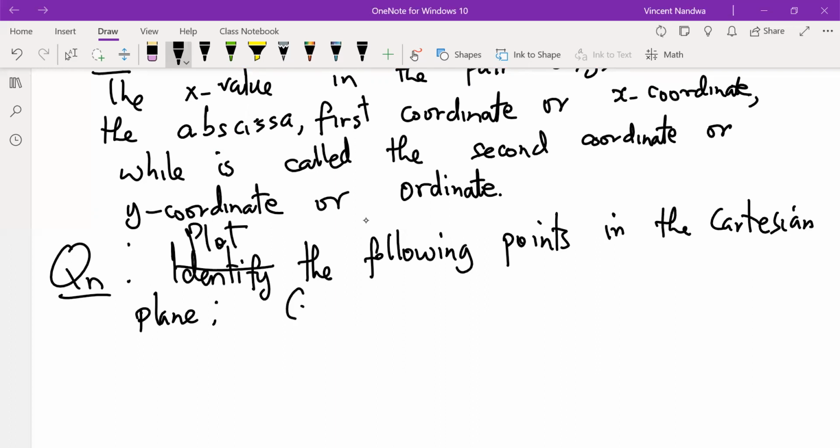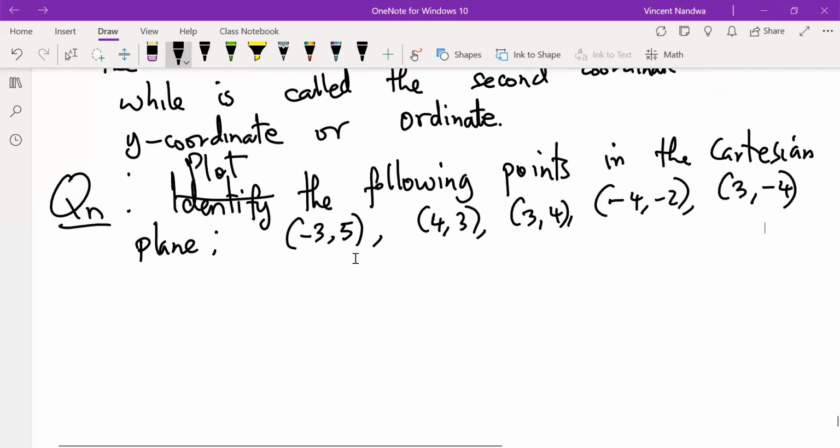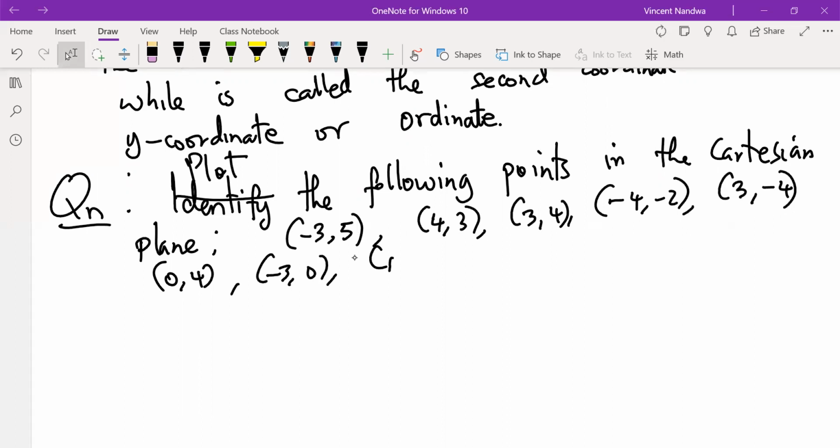So we have -3, 5. Next point is 4, 3. Next point is 3, 4. Next point is -4, -2. Next point is 3, -4. Next point is 0, 4. Next point is -3, 0. Next point is 0, 0.